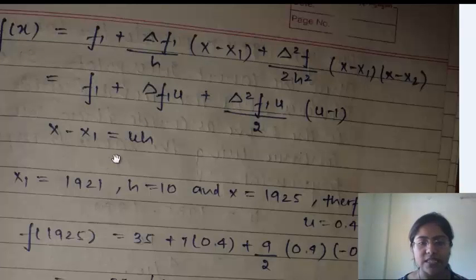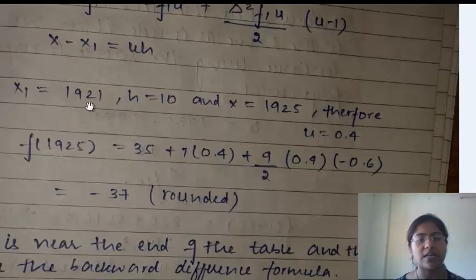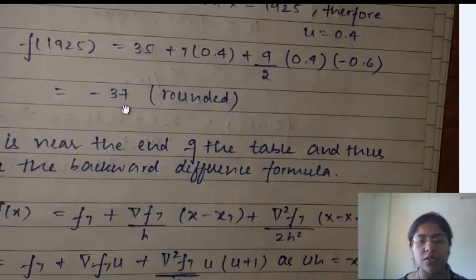Here x minus x1 is equal to uh, and x1 has been given to us as 1921. h is the difference of the years and x is equal to 1925, and therefore u is equal to 0.4. We get the value of u by putting it in this formula. So the value of the function at 1925 is equal to -37 when rounded off.